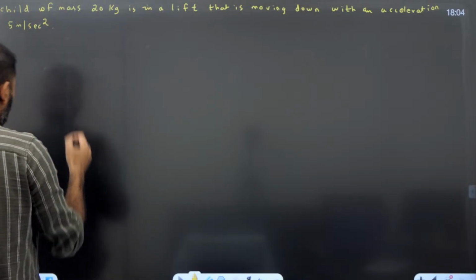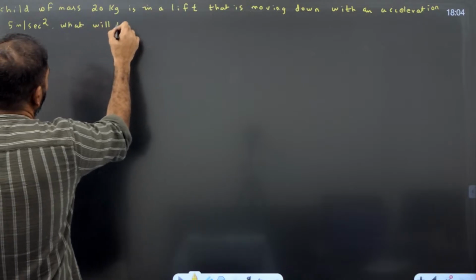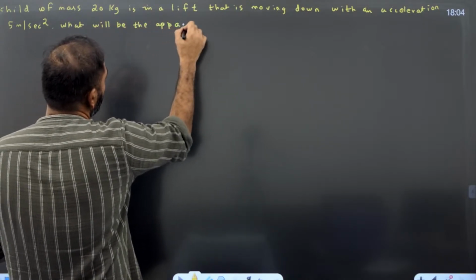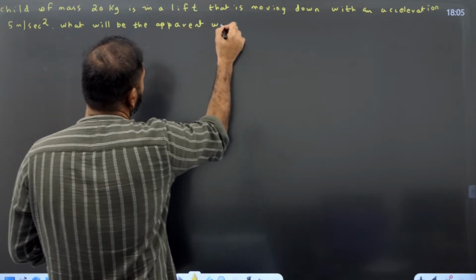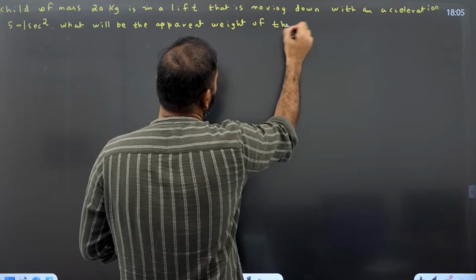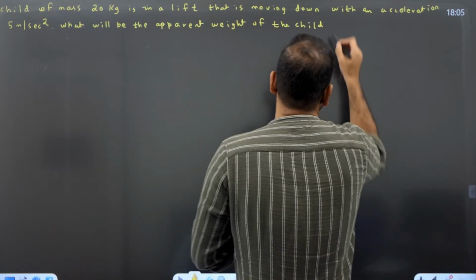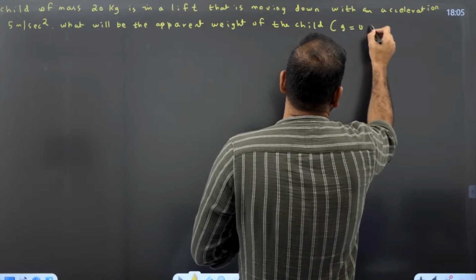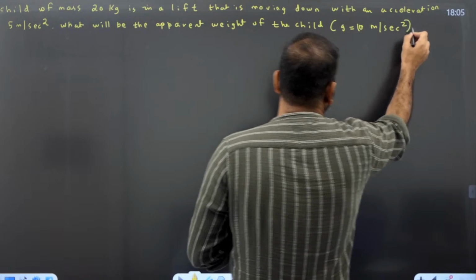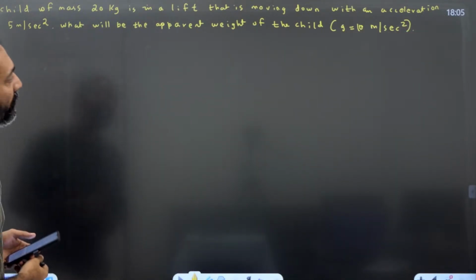What will be the apparent weight of the child? Take g equal to 10 meter per second square.